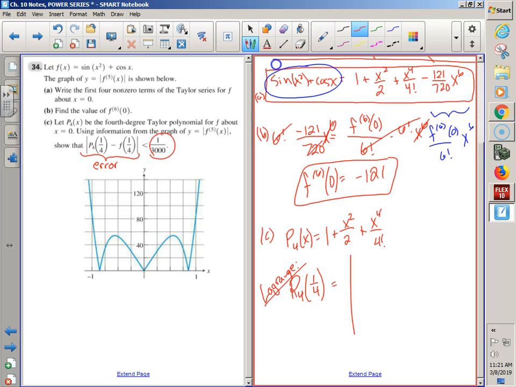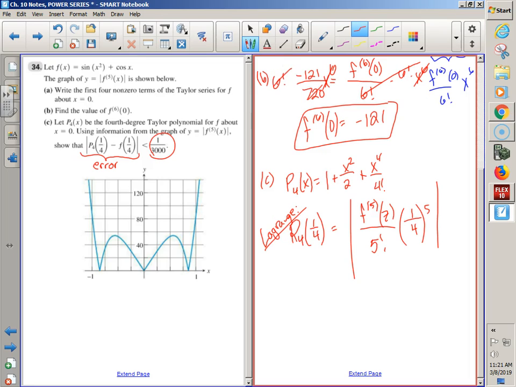Wouldn't that be the 5th derivative of, I need a maximum, over 5 factorial times, it's centered at 0, right? So x minus 0, and x is 1/4, all raised to the 5th.